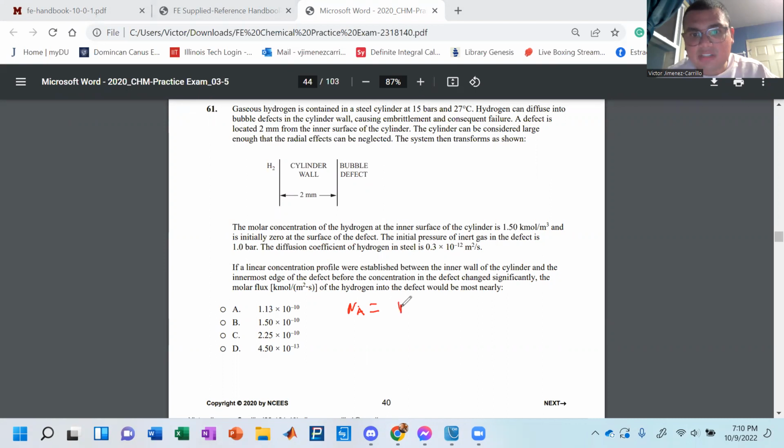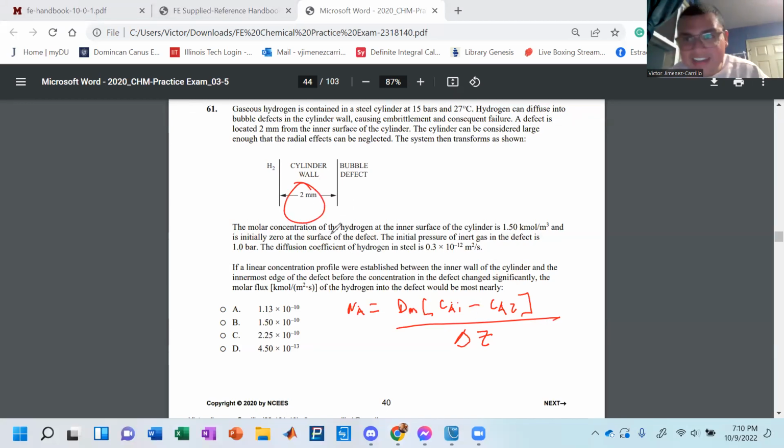That is NA equals DAB multiplied by CA1 minus CA2, divided by delta Z. And delta Z is just distance, there's no change. CA1 is the concentration here, and CA2 is the concentration of the system at the wall.